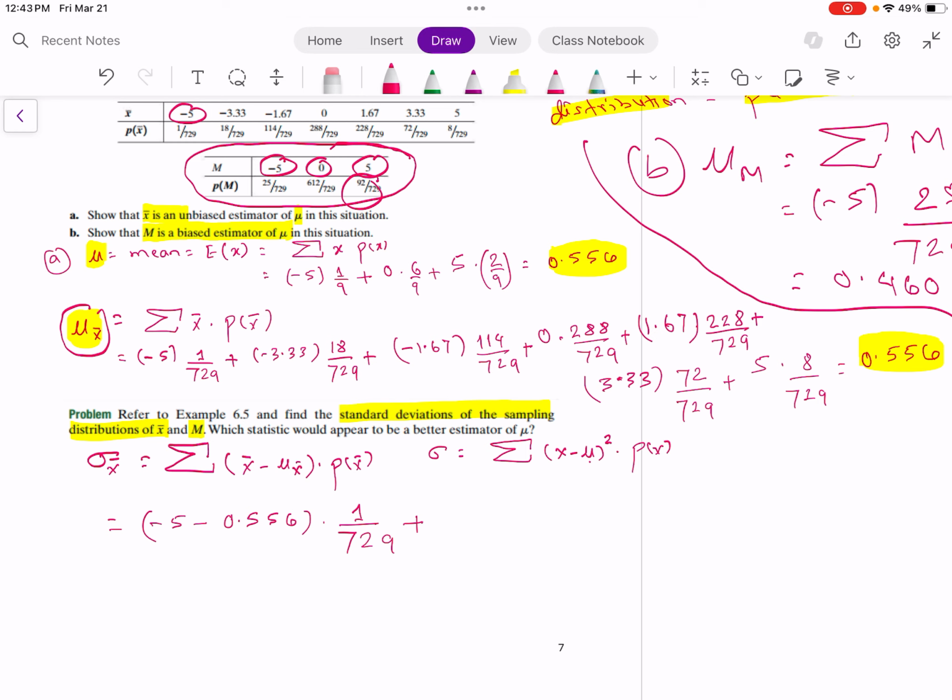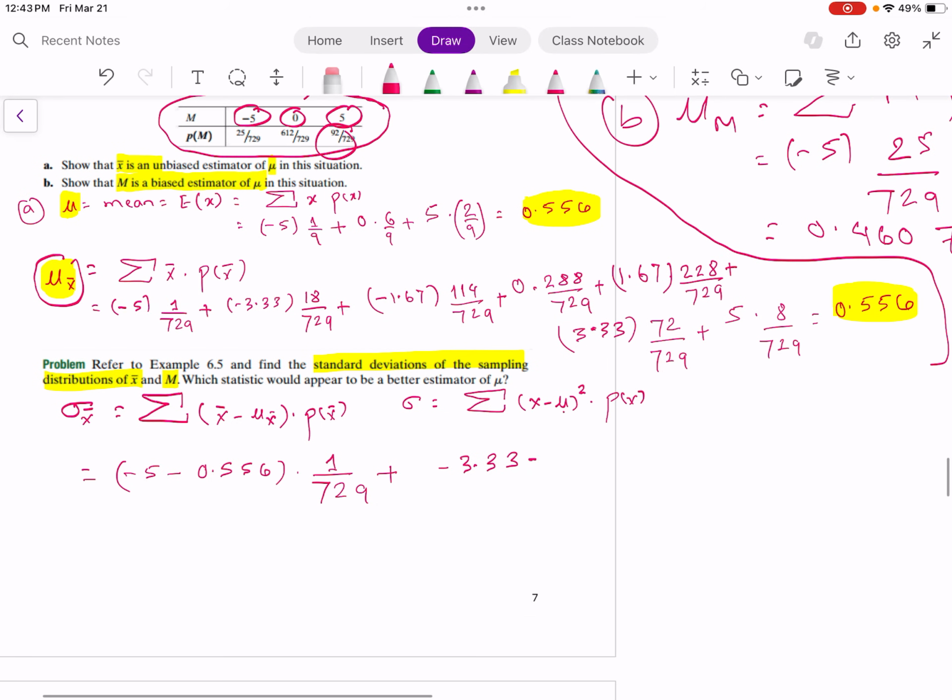Now you take another value of X bar, which is -3.33. You subtract the mean of that table, which is 0.556, and you, yes, I forgot to square it, so do not forget to square here. Thank you. And multiply this by the corresponding probability 18/729, plus.